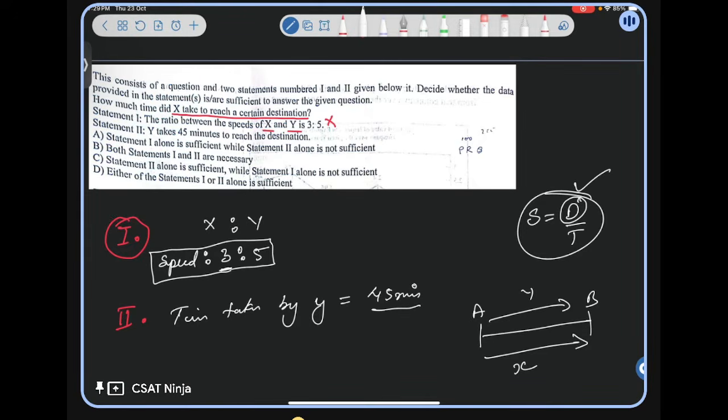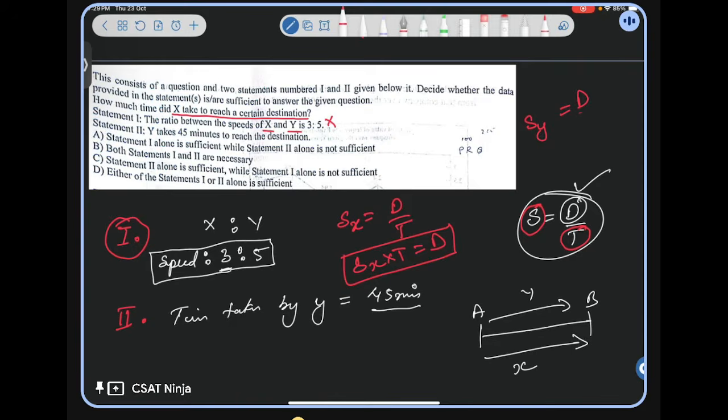Speed of X is given as distance by time. So speed of X into time taken by X will be nothing but distance, and speed of Y into time taken by Y is also distance.